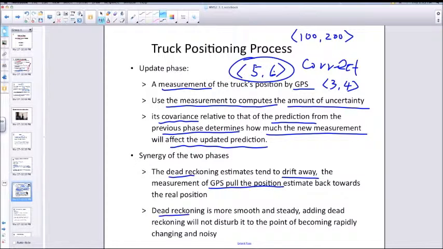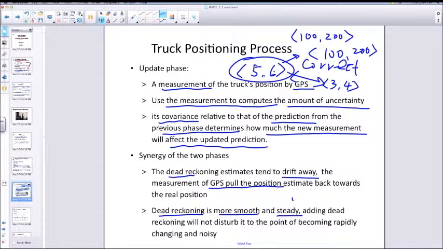The data ranking has an advantage: it's more smooth and steady. That means if I'm here, in the next half second I won't jump to somewhere far, like a GPS might give you. At worst, I'm going to go to a nearby position, a little change. That's what I mean by smooth and steady.